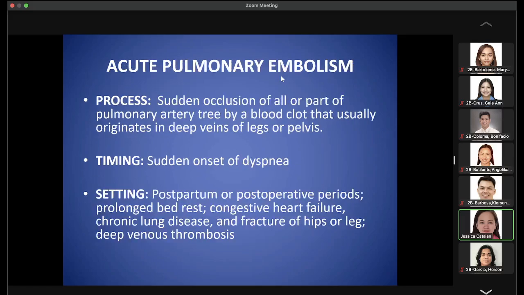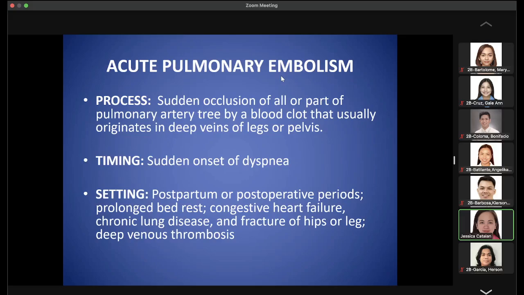Pneumothorax is usually confused with pulmonary embolism. So, what is the differentiating factor of acute pulmonary embolism? They are similar, with sudden onset of dyspnea, but in acute PE there is an occlusion of all or part of the pulmonary circulation, the pulmonary artery. Usually it is occluded by a blood clot that originates from the deep veins of the legs or pelvis.